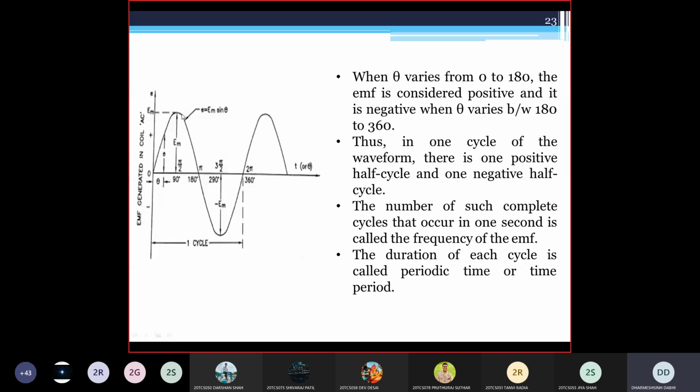From 90 to 180 it decreases, and from 180 to 270 it increases again but in the opposite direction, with negative values, and at 270 it becomes negative maximum. From 270 to 360 it decreases again and reaches 0. That we call a 2 pi angle. Now it repeats again: 0, maximum, 0, negative maximum, 0. This is repeated at regular intervals of time.